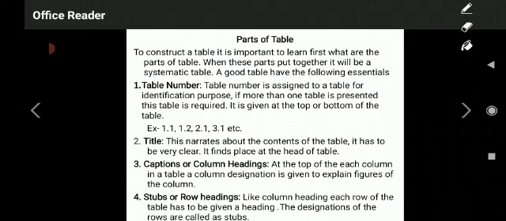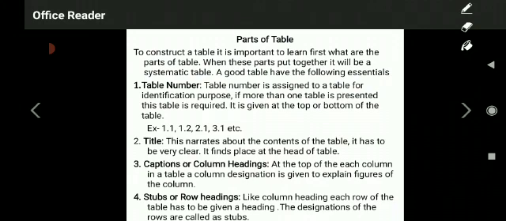Each row must have its own row heading. Without the row heading, the column heading is not clear.